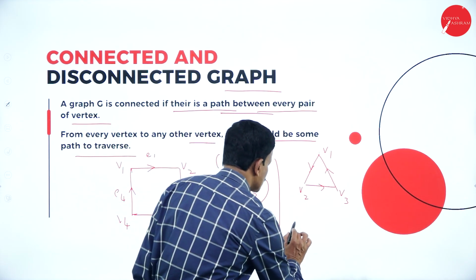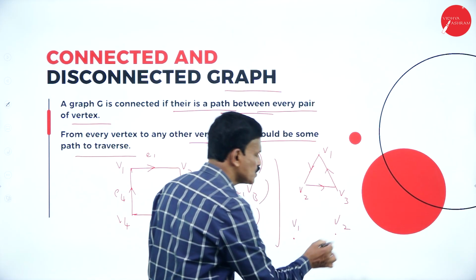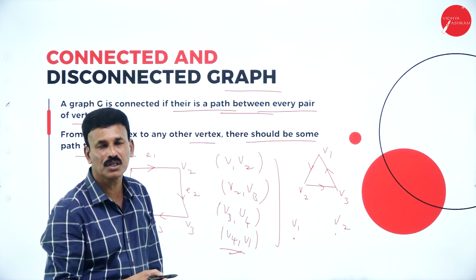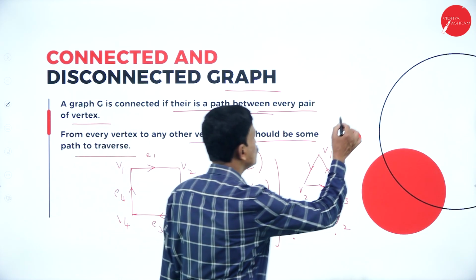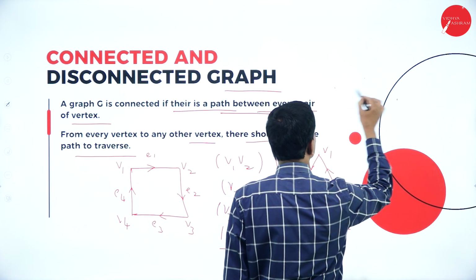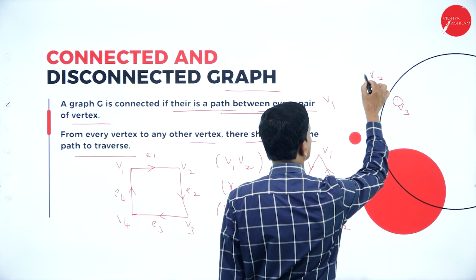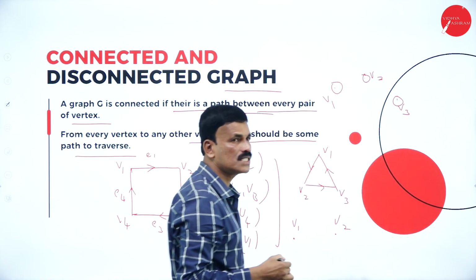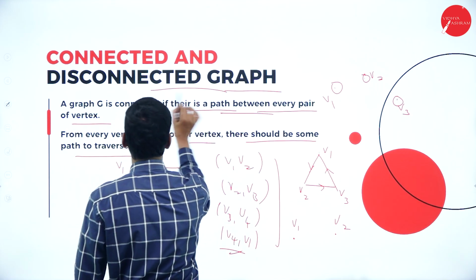For example, if there is no connection between V1 and V2, then this graph is disconnected. Similarly, with V1, V2 and V3, if there is no connection between these three vertices, then this graph is said to be disconnected.